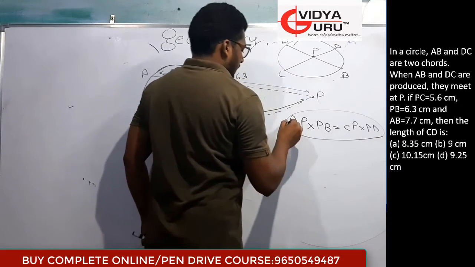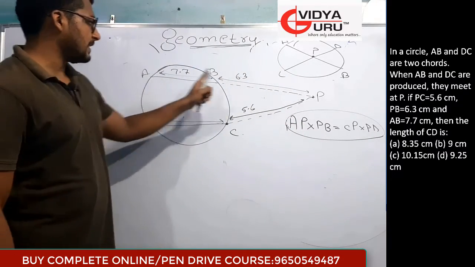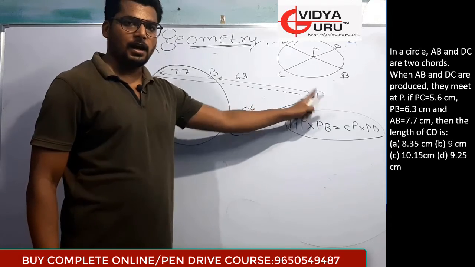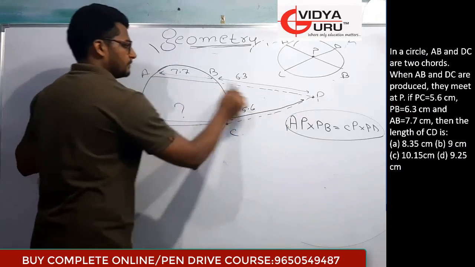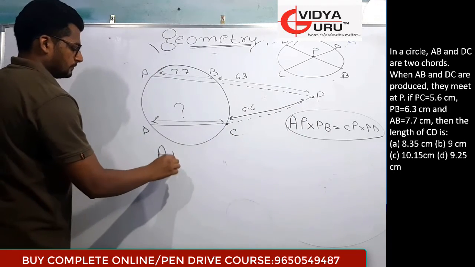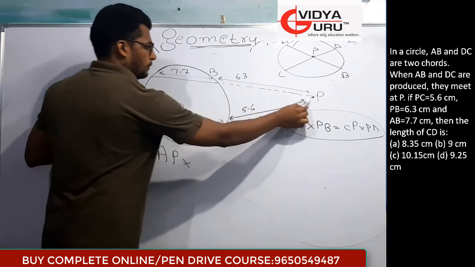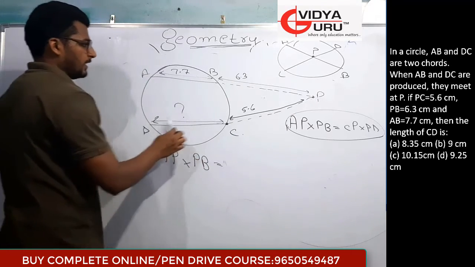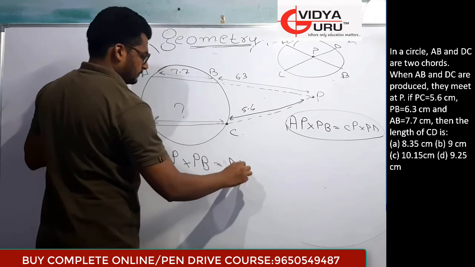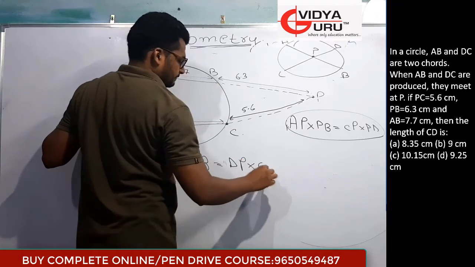Second, if two chords are intersecting outside the circle, then AP into PB will be equal to DP into CP.